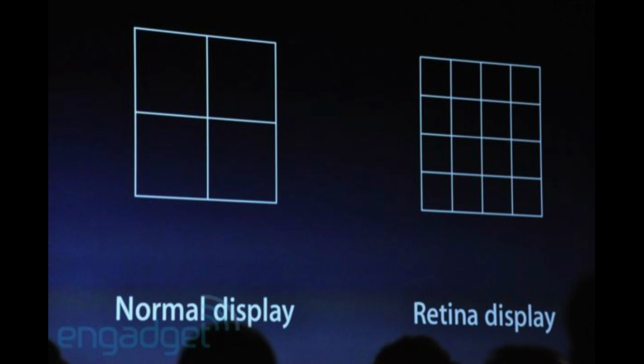And what happens with these high DPI displays is that what was previously only 1 pixel on our display can now become several, usually four. So you'll have a grid of 4 physical pixels that are now representing one logical pixel.